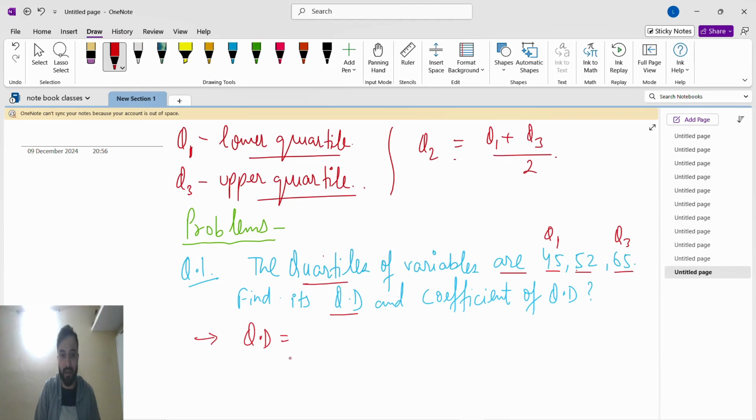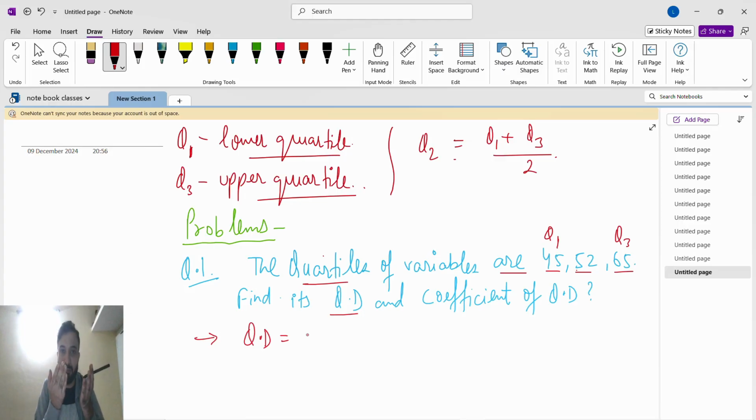So 65 minus 45. In place of writing the first formula Q3 minus Q1 by 2, then in the second step substituting the values 65 minus 45 by 2, third step 65 minus 45 is 20 by 2, fourth step with your calculator 20 by 2 is 10. Answer is 10. You are wasting time, guys.